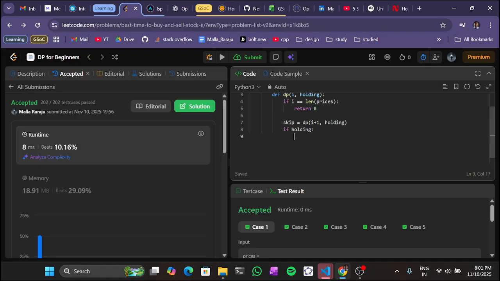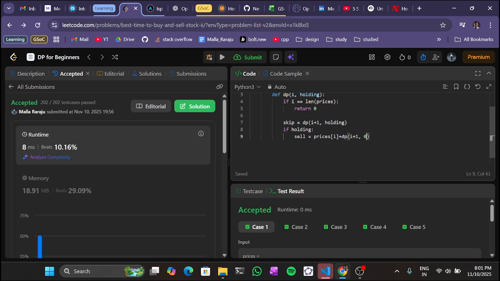If we are holding, then we can choose to sell it. Since we are holding, when we sell we make prices of I profit, plus since we are selling it, we are not holding anything.